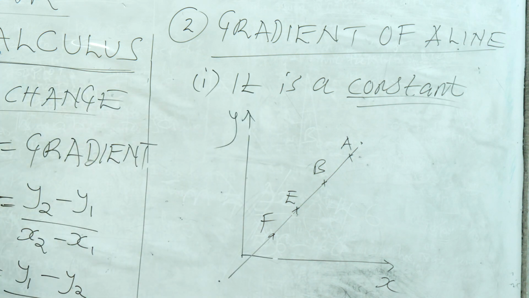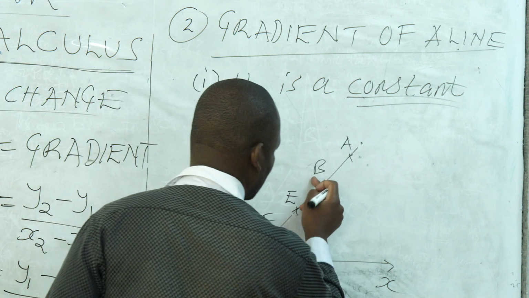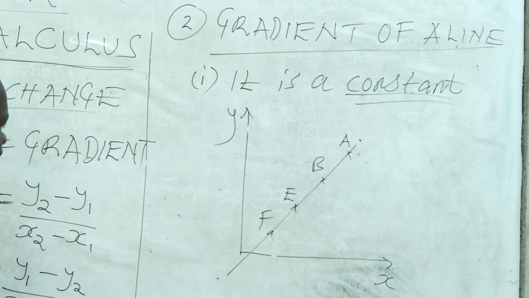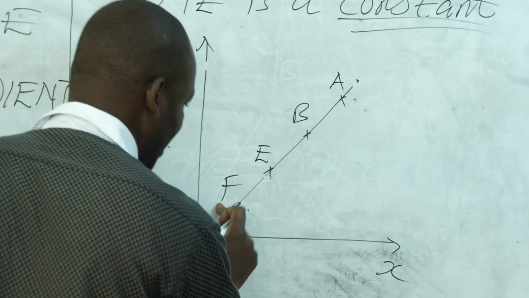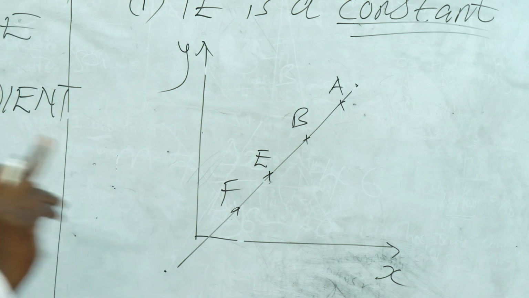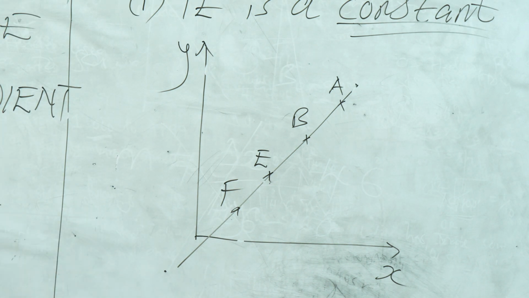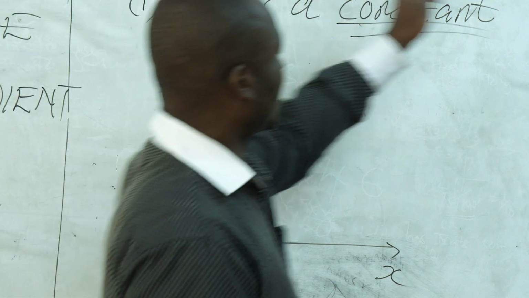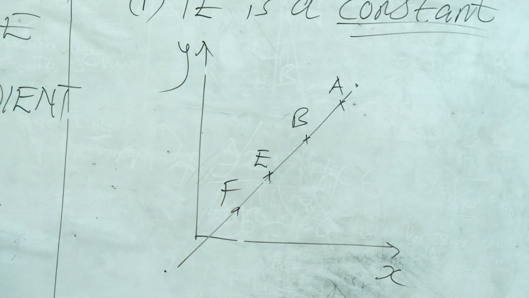The combination of A and B used to get the gradient, and the combination of E and F used to get the gradient, will give us the same value. Therefore, the gradient of a line is a constant. It does not change. You get one value at all times.